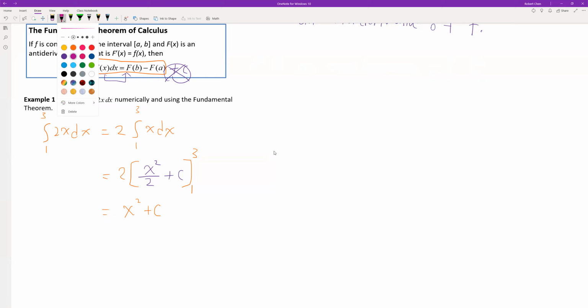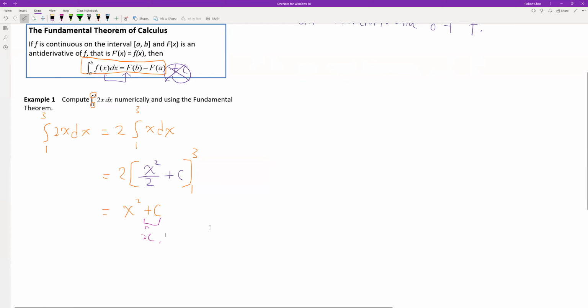Let me make a little note here: that is actually 2c, but since both c and 2c are unknown constants, we just write c. And then, of course, the closed brackets to include our bounds, from 1 to 3.